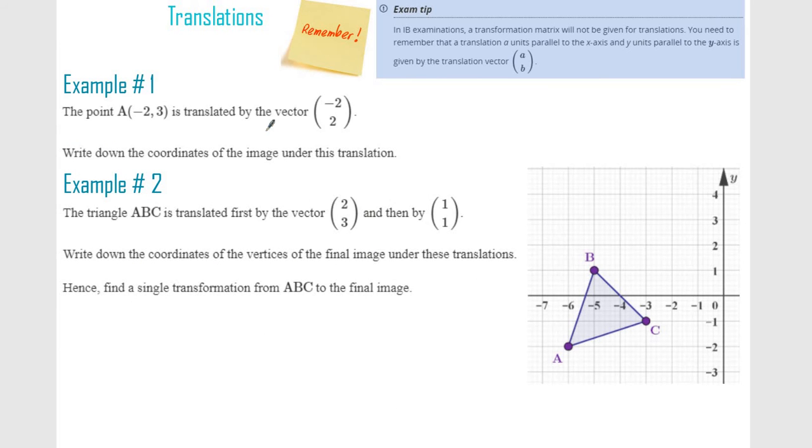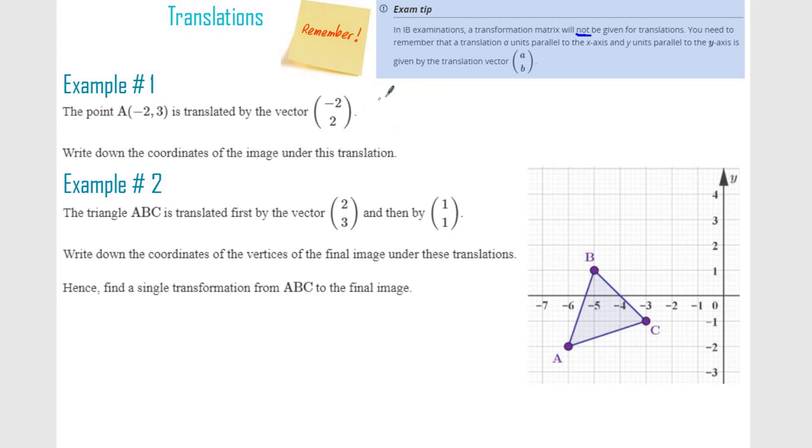All right, translations are probably the easiest because you're just sliding your image around. Since we are sliding, we're not manipulating the distance and area or anything like that. So we are doing it through addition. You have to remember this. It's not given in your IB booklet, so remember it.